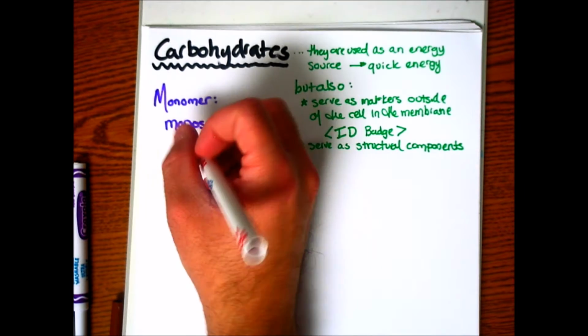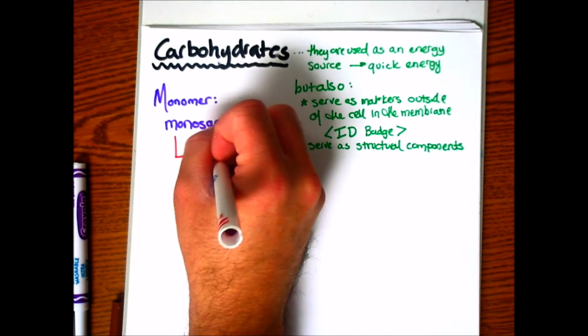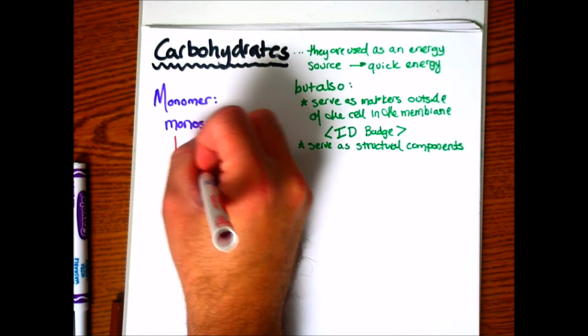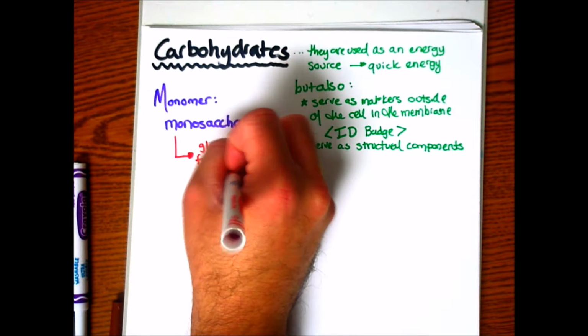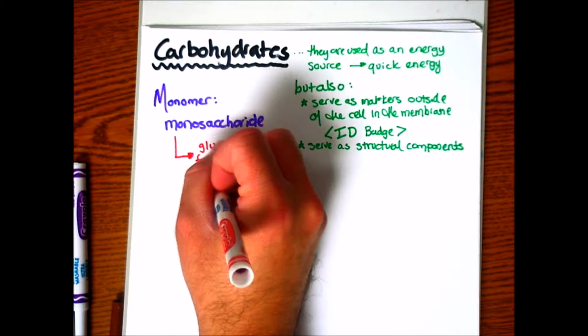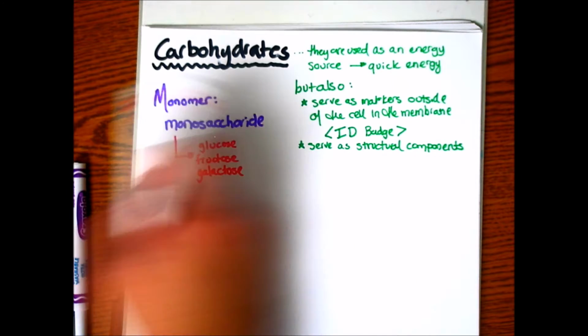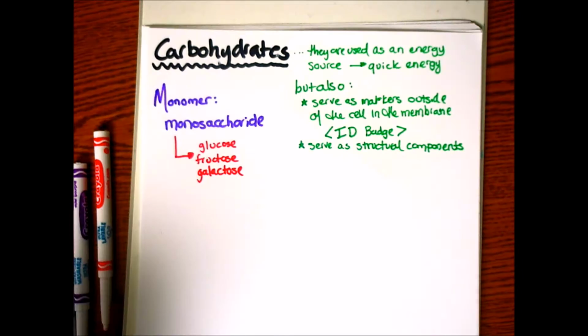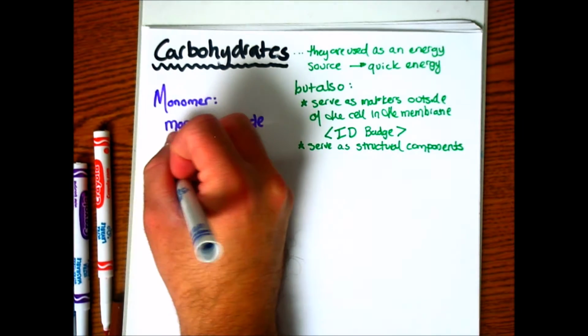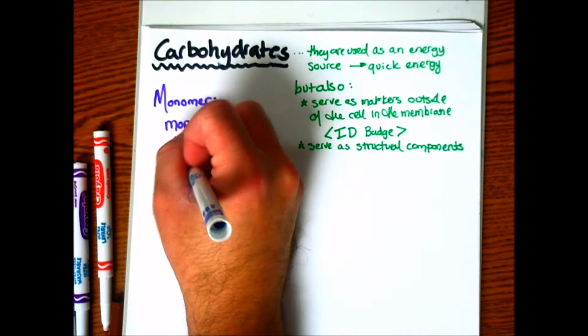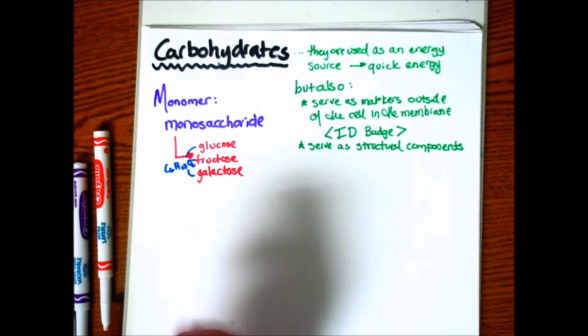That group contained glucose, fructose, and galactose. The connecting ingredient between those three is that they all have the same formula, C6H12O6. So that formula is consistent between all three.